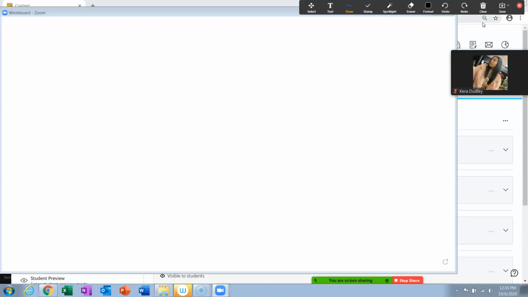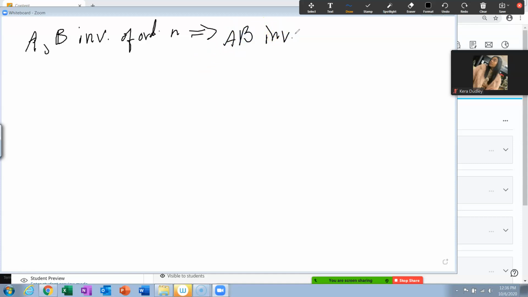Theorem 2.9. If A and B are both invertible matrices, if you haven't gathered it now, when I say I N V, that means they're invertible, of order n, in other words, they're the same size, then the product AB is also an invertible matrix.